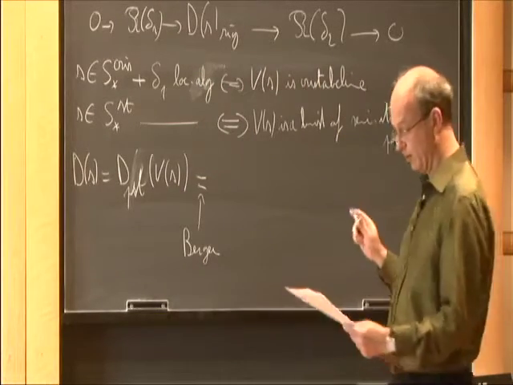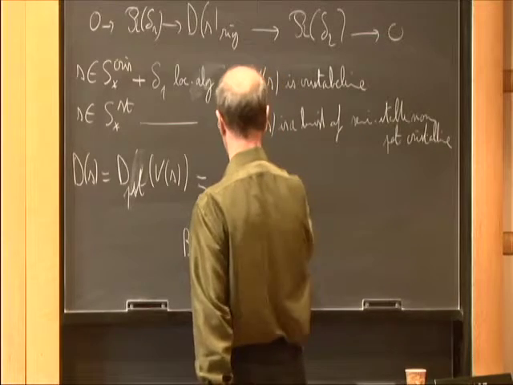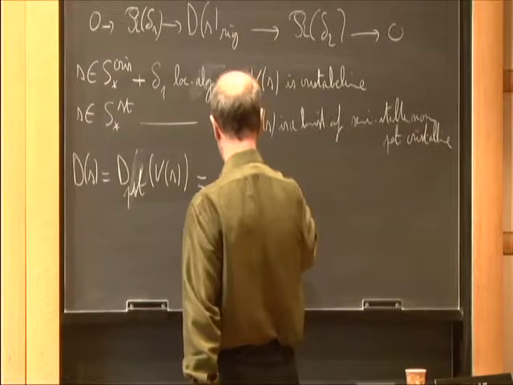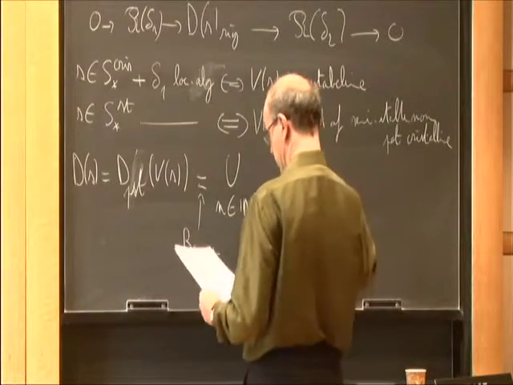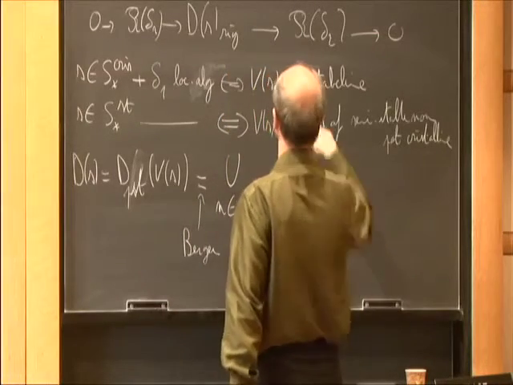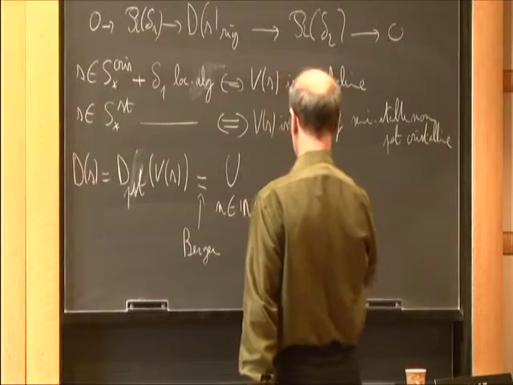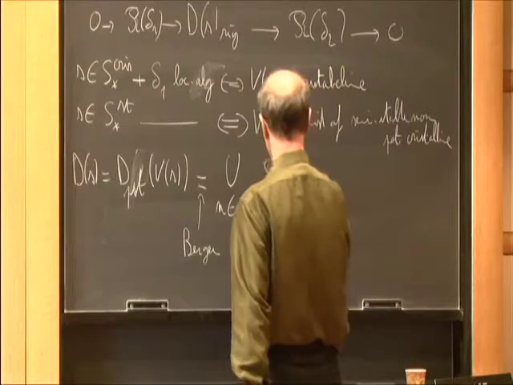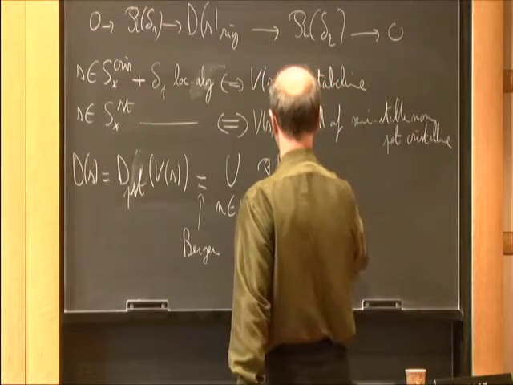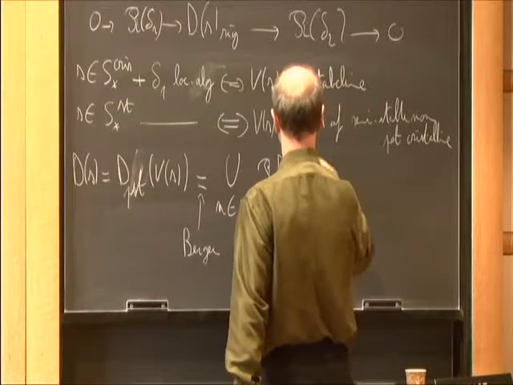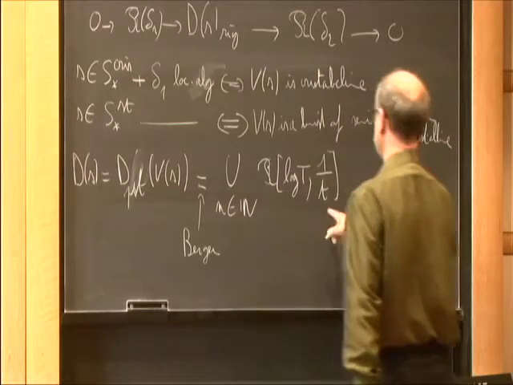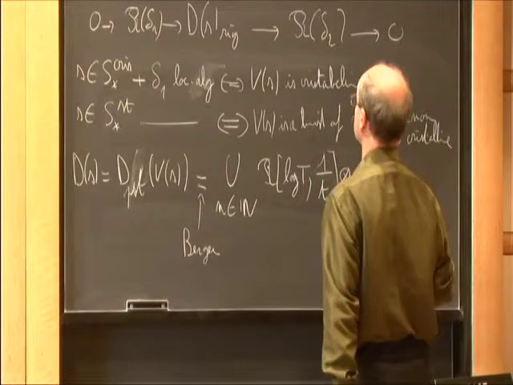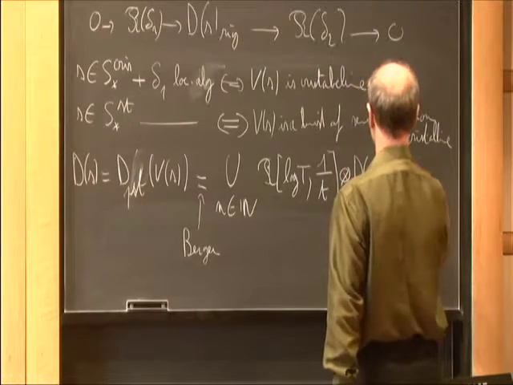In this particular case, this is going to be the inductive limit, so the union, for all n. What you do is take your D of S ring and tensor it with some ring. So you have to add a log t, and you have to add 1 over small t, tensor D of S ring.